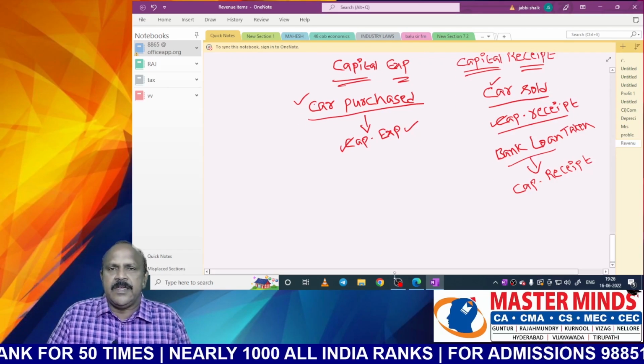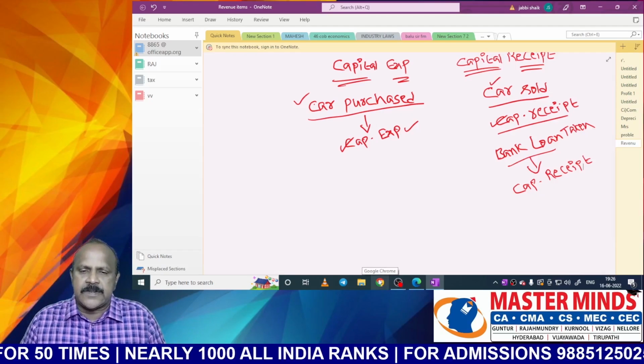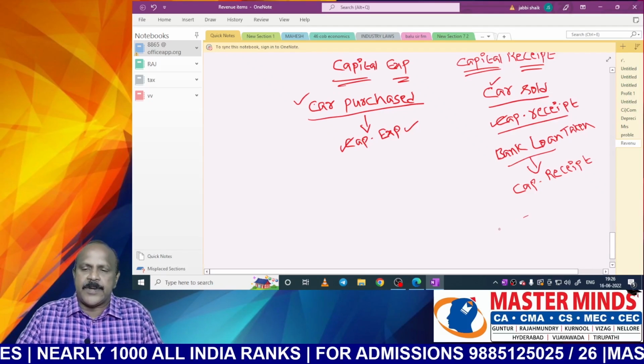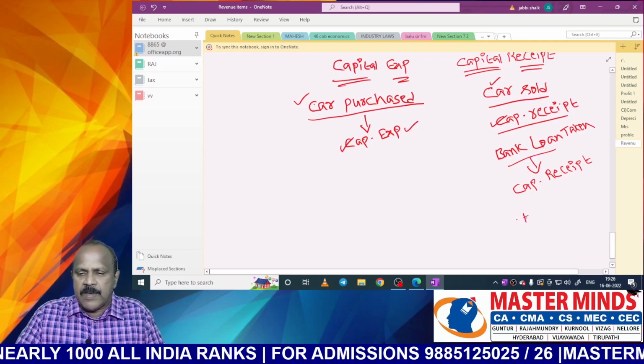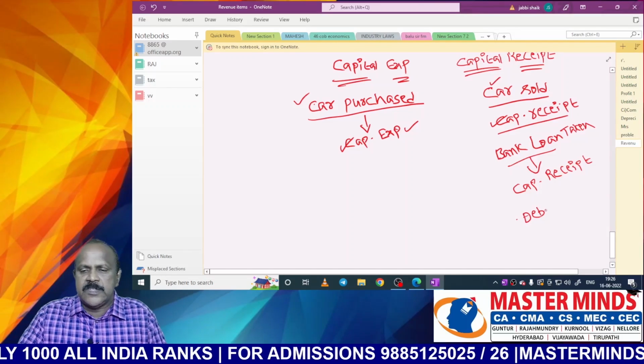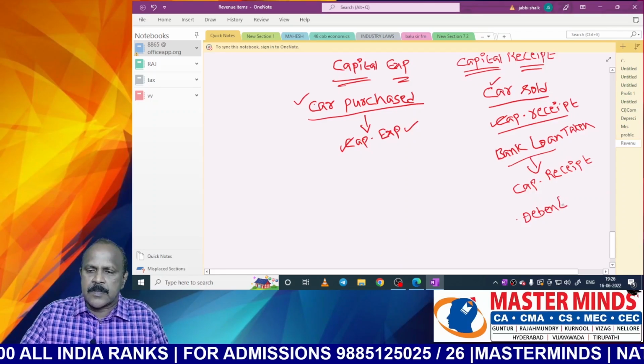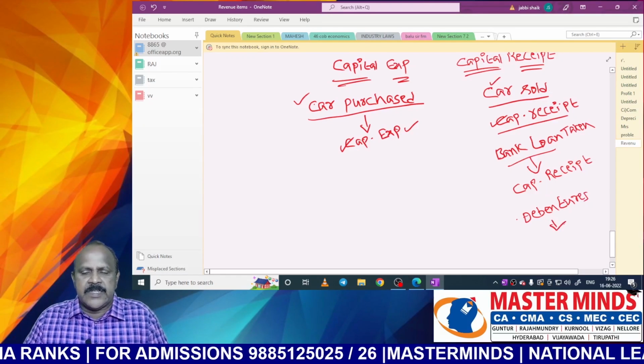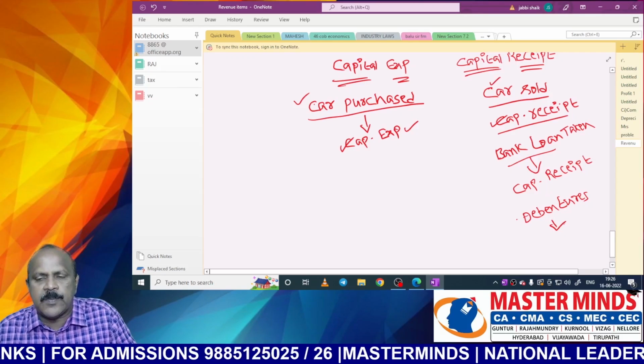When a company issues debentures and takes a loan from the public, it is also of capital nature. We receive a certain amount of money from the public.